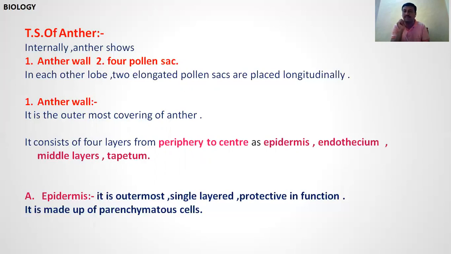It is also known as the dehiscence of the anther or stomium. And in between, in the pollen sac, spore mother cells are present, and they divide meiotically to produce 4 haploid pollen grains. It is the TS of anther.